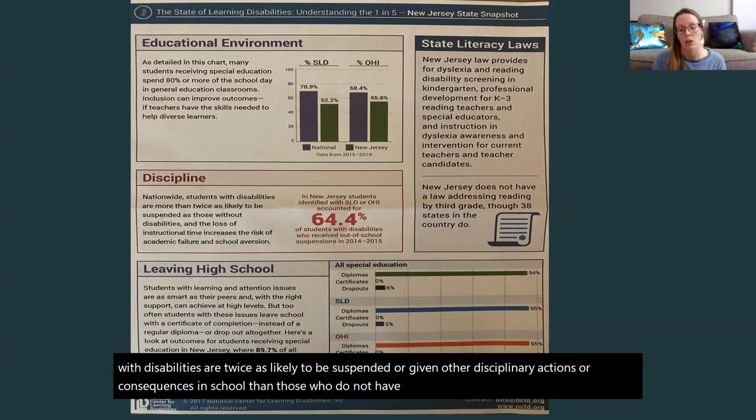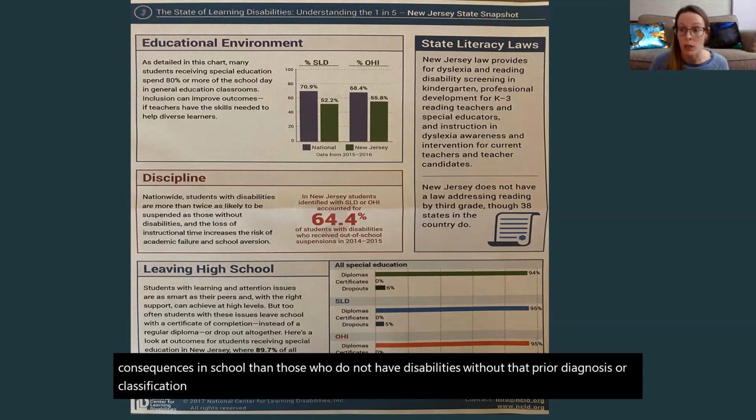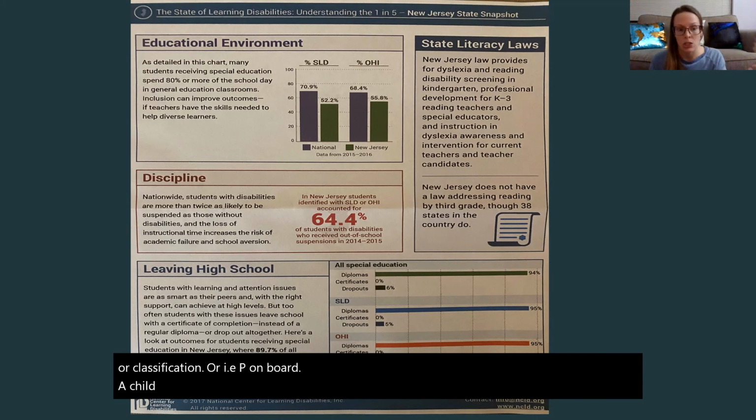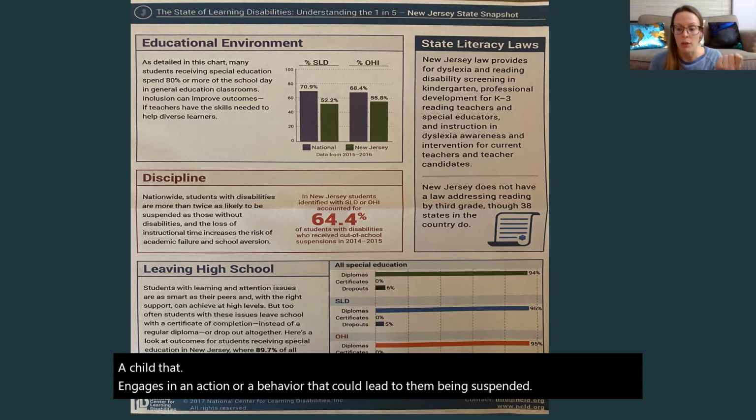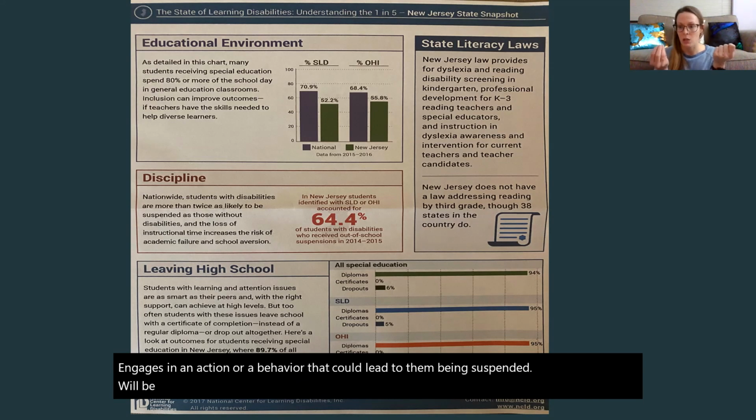Without that prior diagnosis or classification or IEP on board, a child that engages in an action or a behavior that could lead to them being suspended will be judged without considering their diagnosis or their mental health limitations or dysfunctions.